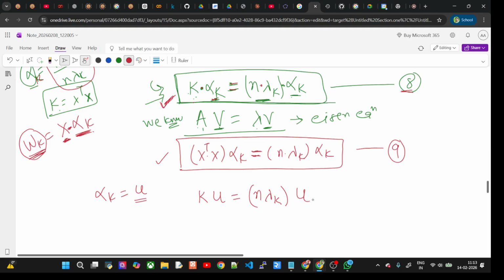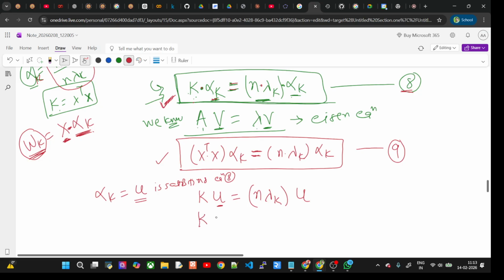That's very good, because this says that the u vector is satisfying equation 8.